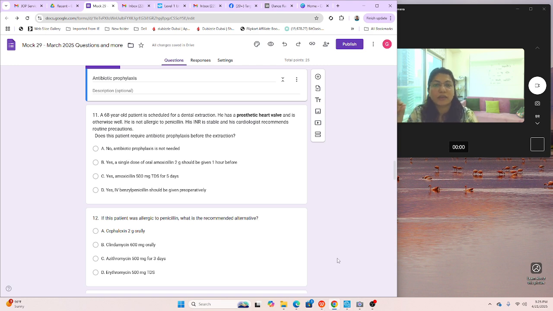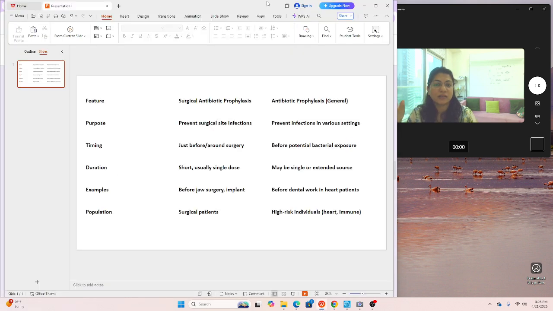Before solving any question on antibiotic prophylaxis, you need to understand two simple things. Let's look at the screen. There is a surgical antibiotic prophylaxis and there is an antibiotic prophylaxis in general. To simplify the concept in the most clear way, surgical antibiotic prophylaxis is used to prevent infection on the surgical site.